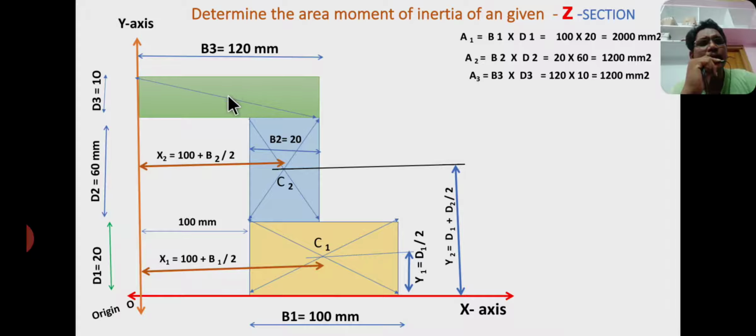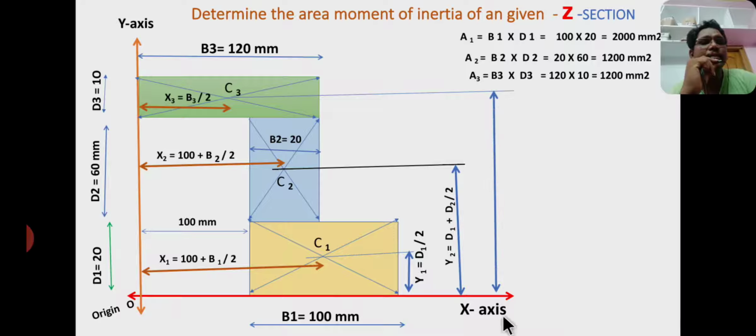Similarly, I am drawing the diagonal lines for third rectangle. C3 is the centroid of a third rectangle at a distance of x3 from y-axis and y3 from x-axis. Okay, the horizontal distance between centroid and y-axis is called x3. X3 equal to half of the base. There is no gap, okay, no gap between the centroid and y-axis, so you have to consider half of the base only.